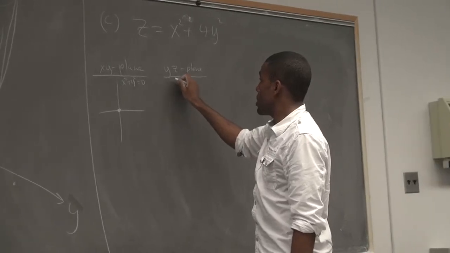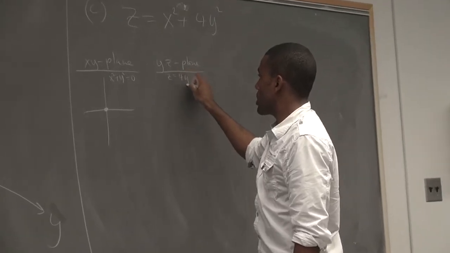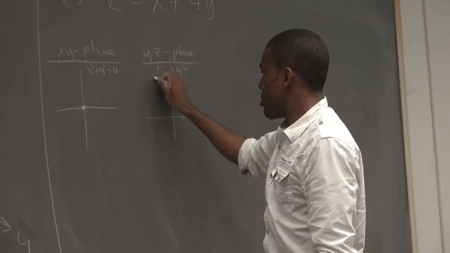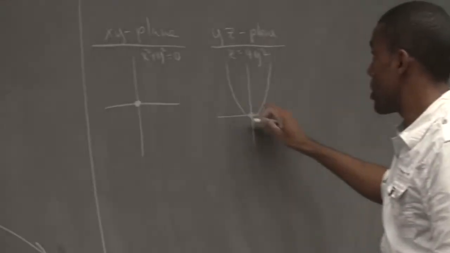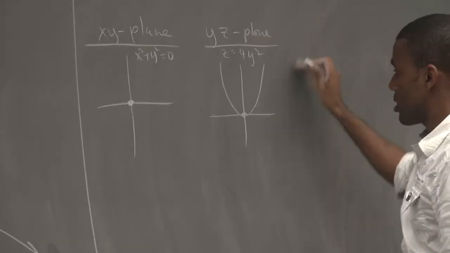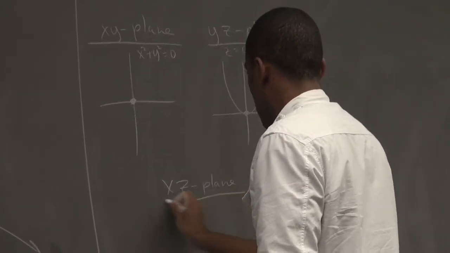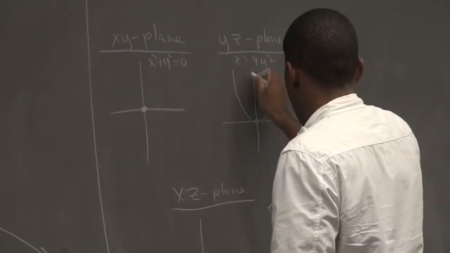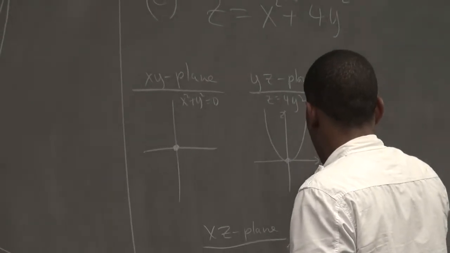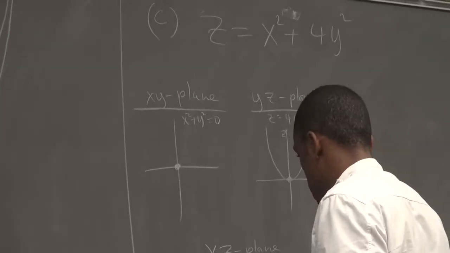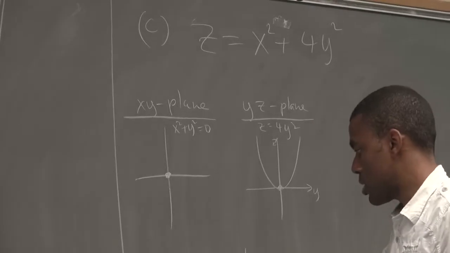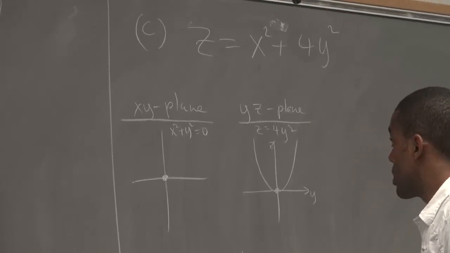And in the y, z plane, you get z is equal to 4y squared. It still looks like a parabola, but it's going to be stretched thinner, right? Here in the x, this is z, this is y, this is x, this is z. It's like a parabola, but it's sort of fatter.